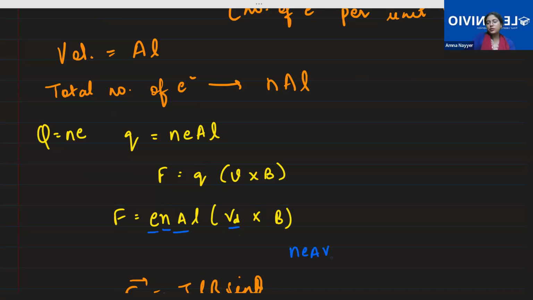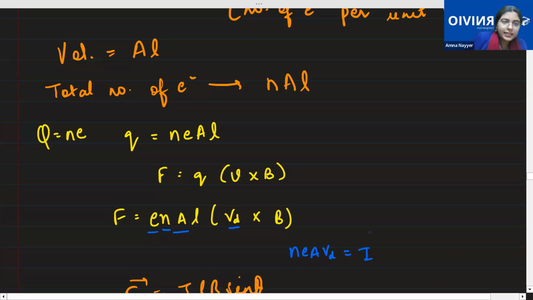What is it equal to? Just tell me this. We have done this. NEAVD is equal to, tell me. Correct. Very good, Rishi. This is equal to the current. So I is equal to NEAVD.